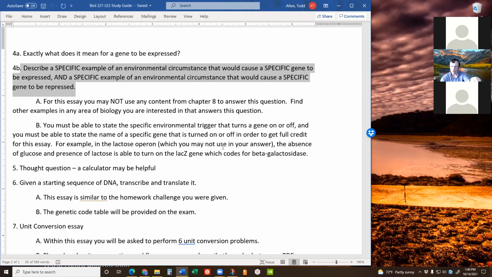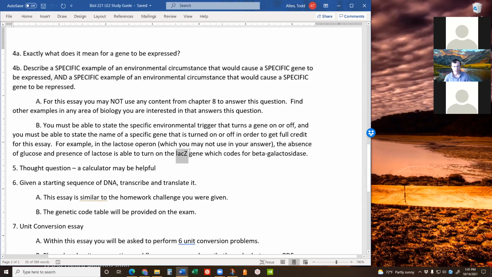The absence of glucose and the presence of lactose would turn the LAC-Z gene on. Okay, there it is down here in the study guide. The presence of glucose and the absence of lactose would turn the LAC-Z gene off.